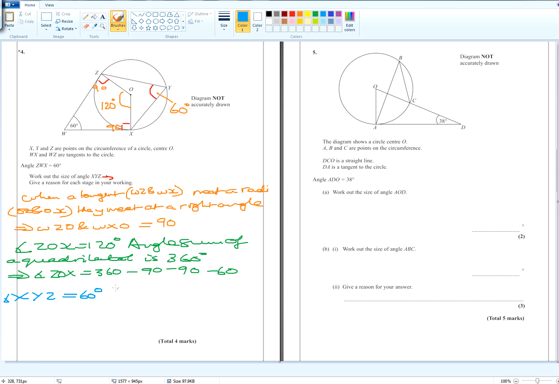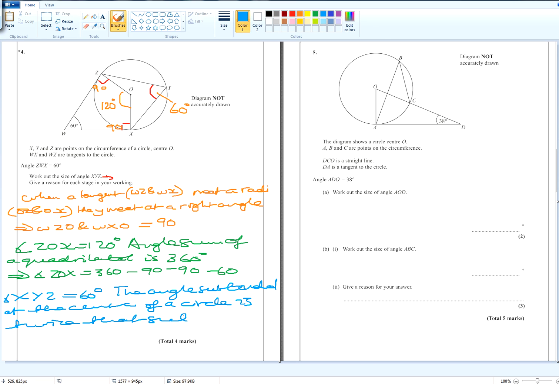So it says the angle subtended at the center of a circle is twice that subtended at the circumference.